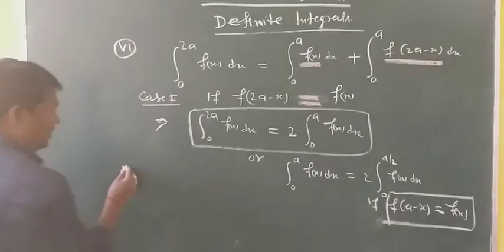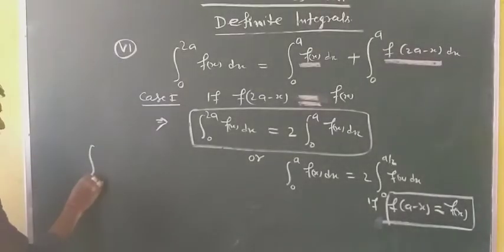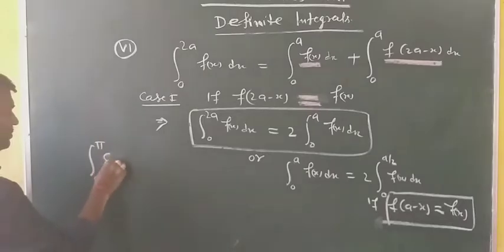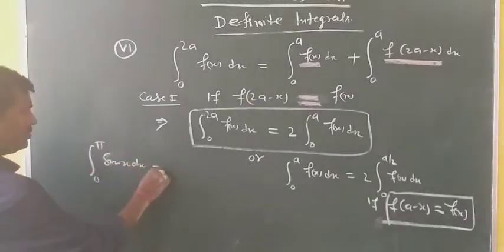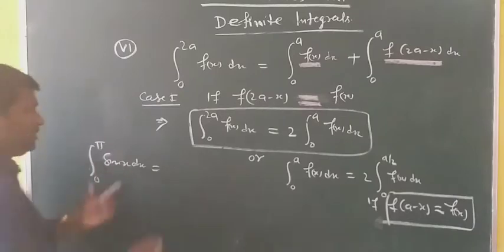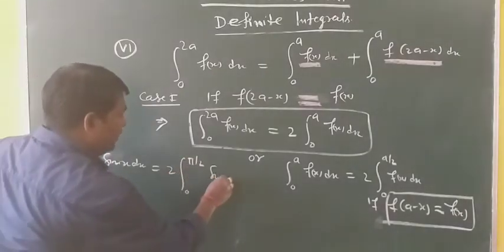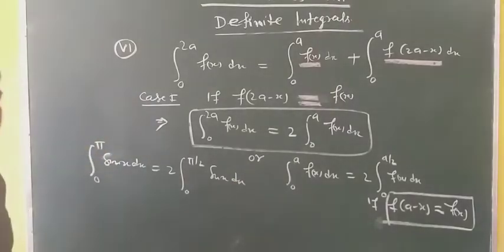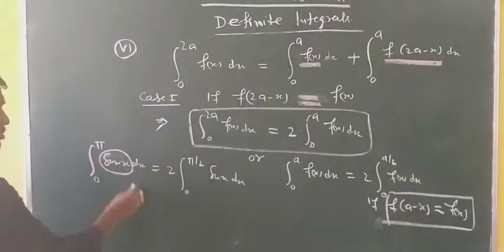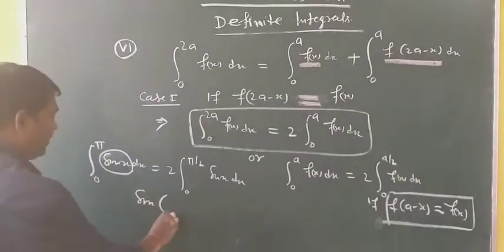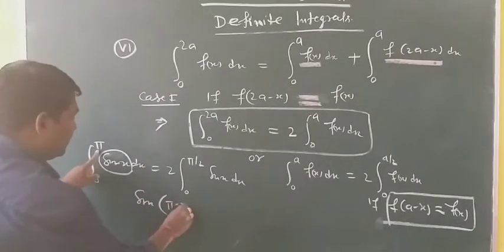Taking an example, integral from 0 to pi of sin x dx. Now think, can you write this as 2 times integral from 0 to pi by 2 of sin x dx? Check: here f(x) is sin x. So in the place of x put pi minus x.